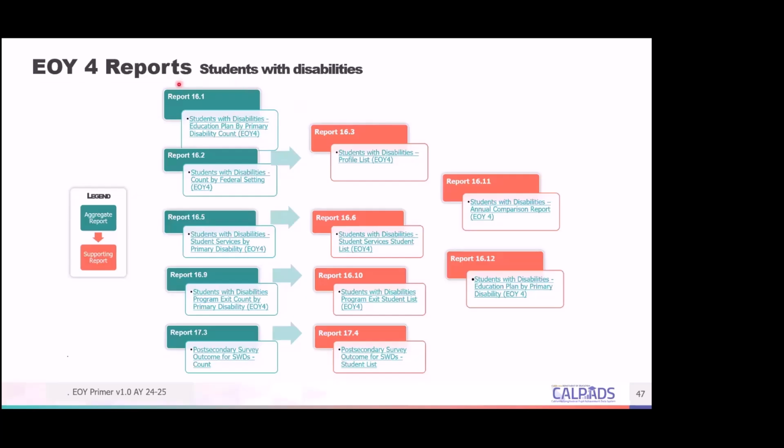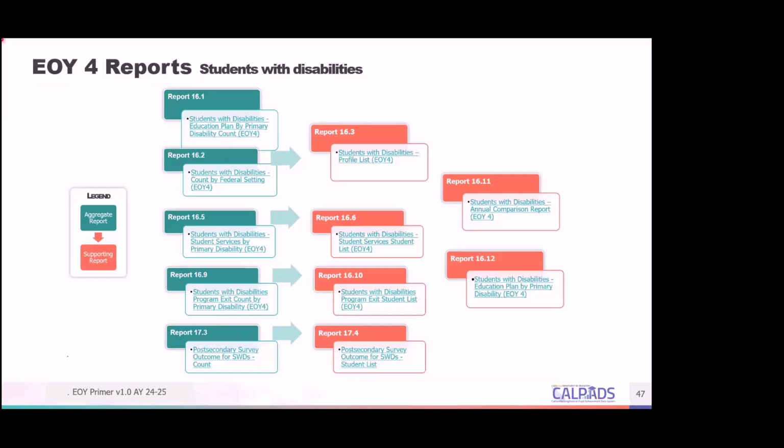We need to see that green check mark in CALPADS before you're able to certify. And the supporting reports will help you to correct the aggregate reports, to drill down, to find more detailed information, and to reconcile CALPADS with the local student information system. For most LEAs, these reports can be pulled at the start of the end of the year and monitored until you're ready for certification.